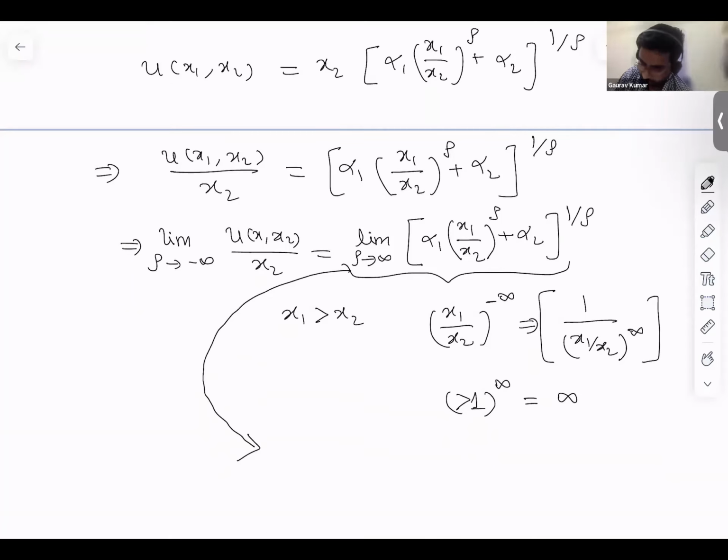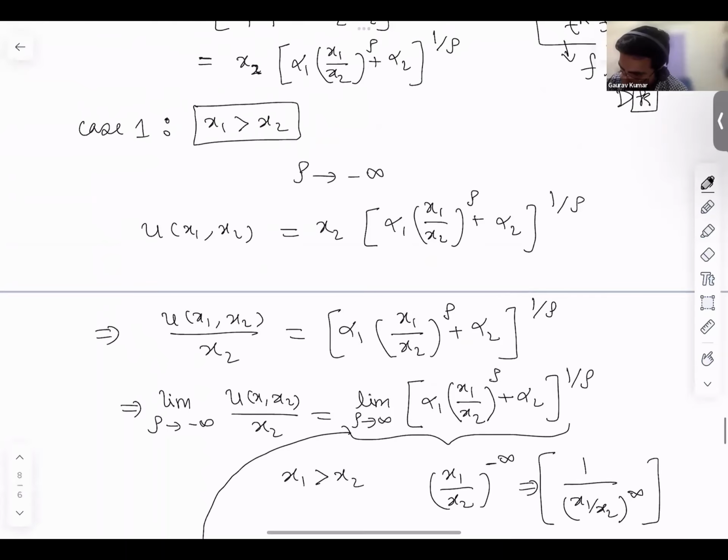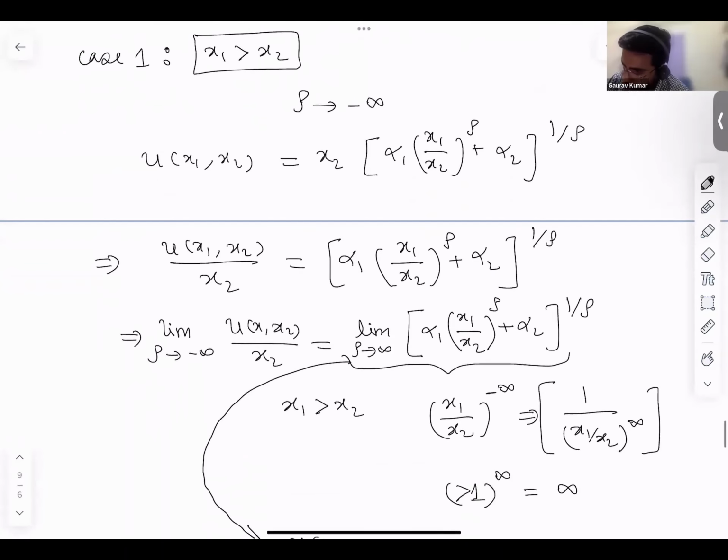So when you do this and when you solve this limit, what you get is u of x1 comma x2 by x2 is equal to, so this term becomes 0 because it's 1 by infinity form.